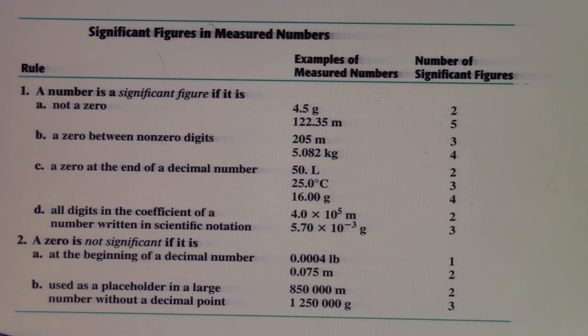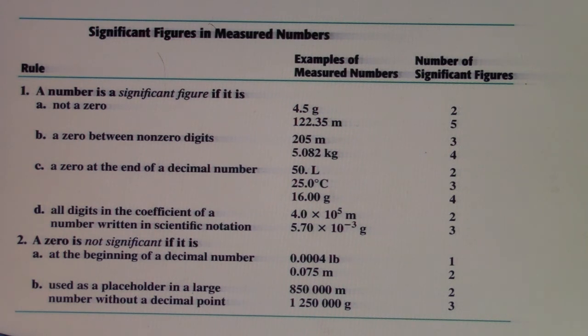0.075 has 2. Now if there was a 0 to the right of the 4, like 0.0040, then it would have 2 significant digits. So always remember, zeros to the left of non-zero numbers in a decimal are not significant. Zeros to the right of non-zero numbers are significant.